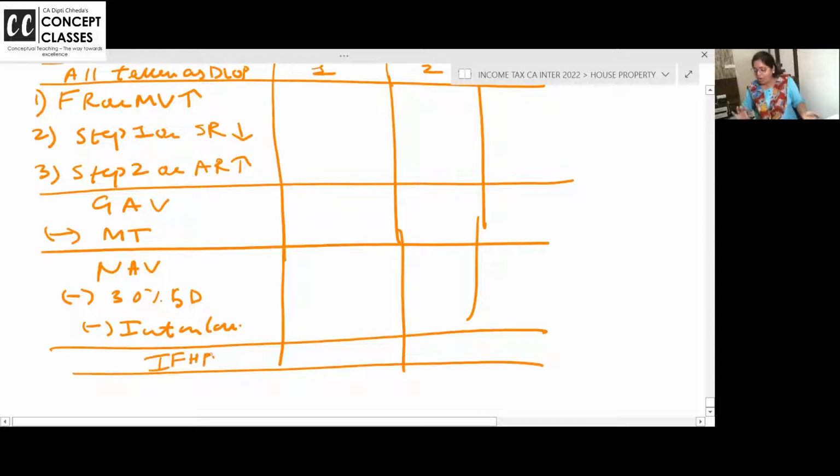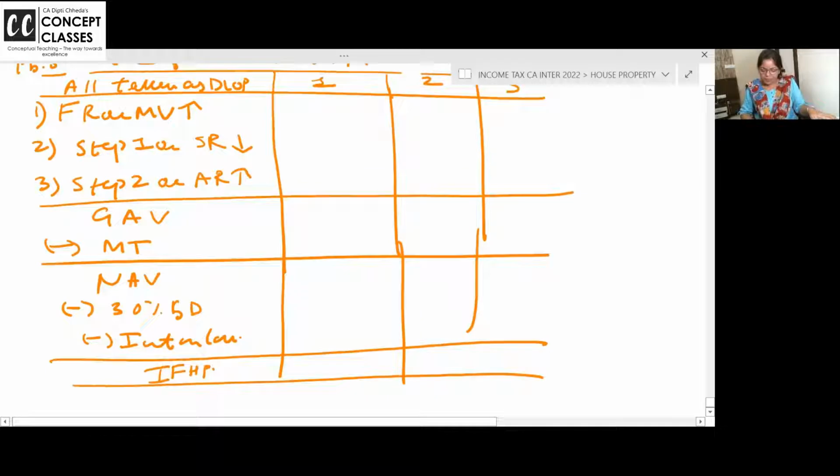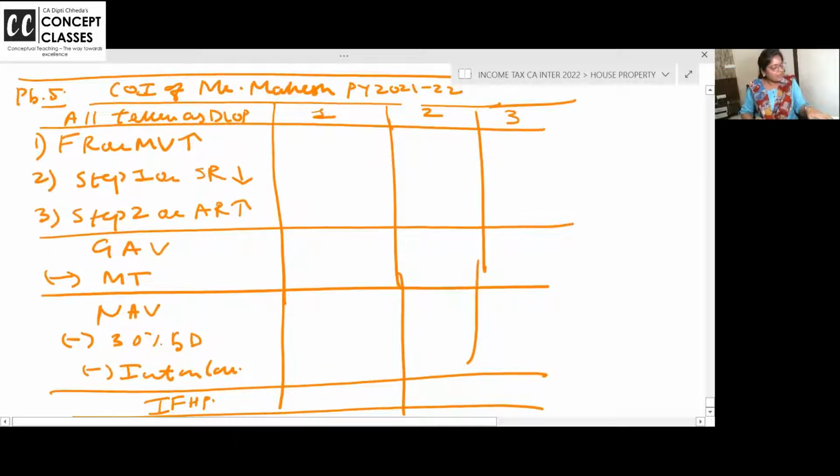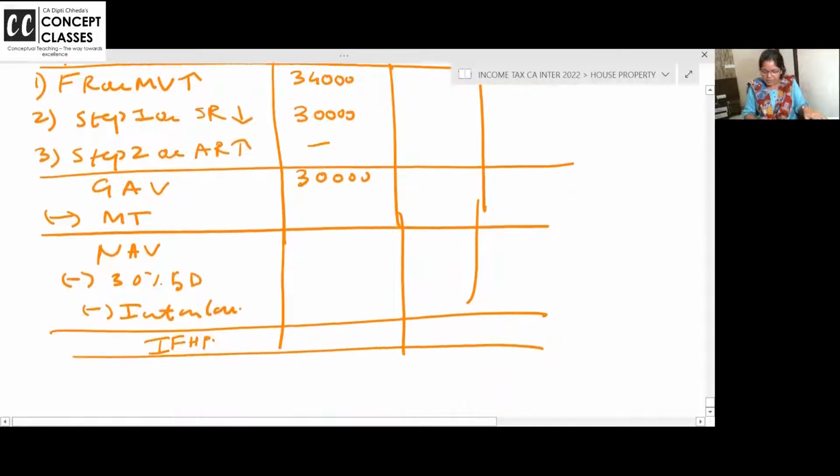We are assuming all the three are let out. Let us do the first one quickly. For house 1, fair rent is 34, municipal value is 24. So 34 is high. That or standard rent 30. 30 is low. Actual rent is not there because it's self-occupied. So 30,000 is the GAV. Municipal tax are given 6,000.